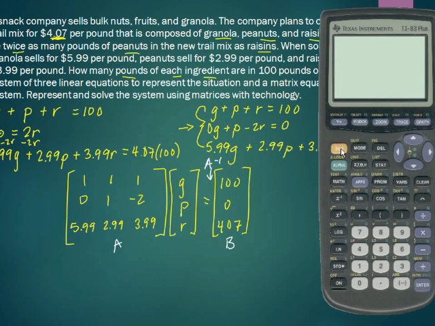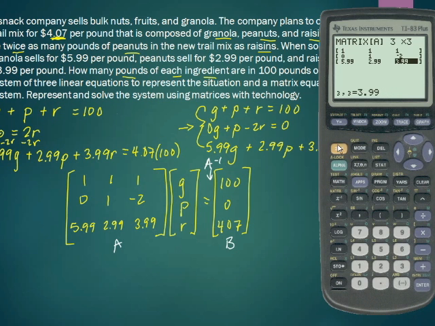First, go to the matrix menu by pressing second matrix, and then go to edit, and we'll put in first our coefficient matrix, which is the 3 by 3 matrix on the left. So 3 by 3, and then we'll enter in the numbers, pressing enter in between each entry and making sure that it matches exactly.